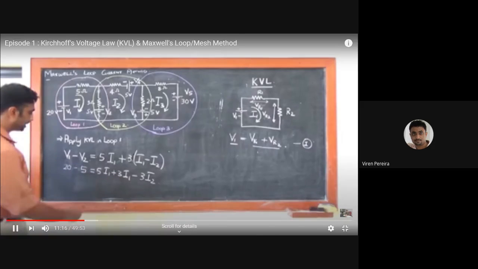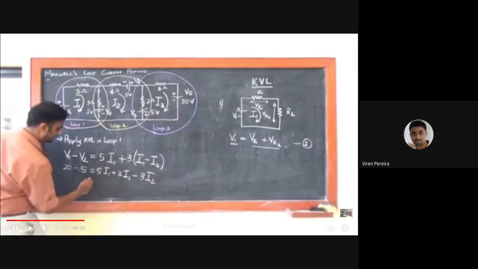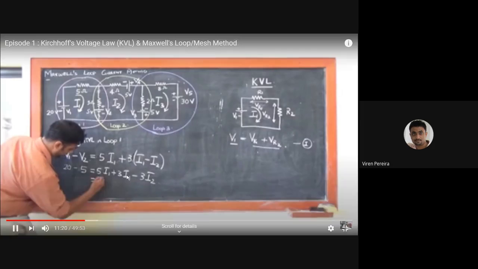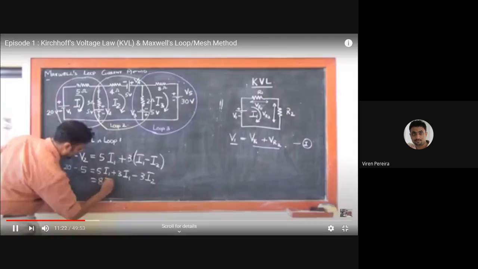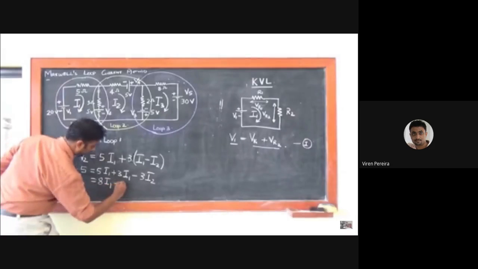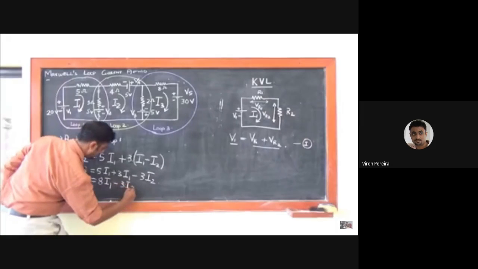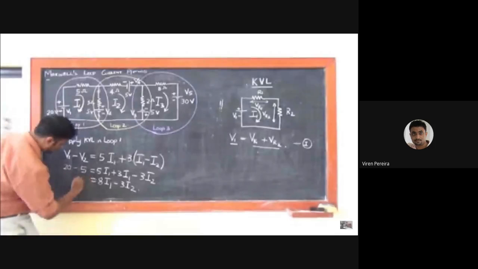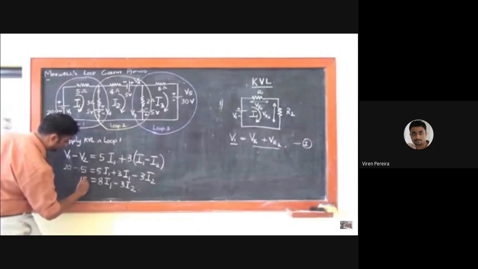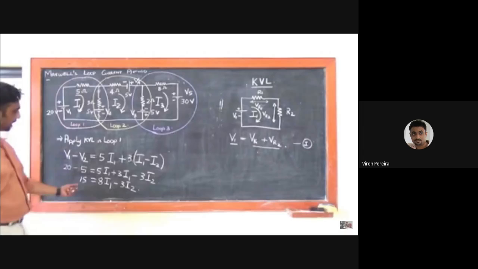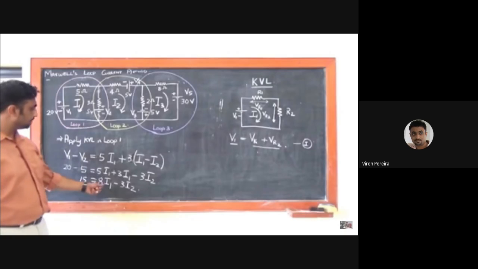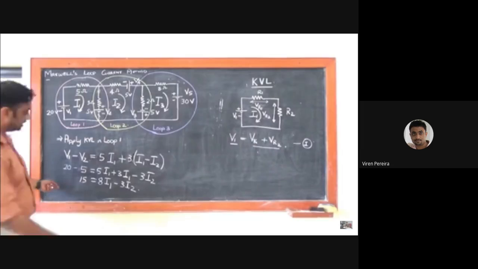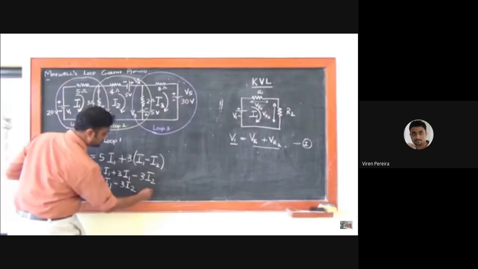We take it together. 8 I1 minus 3 I2. 20 minus 5 will give us 15. So we have 15 equals to 8 I1 minus 3 I2. So this is our first equation.